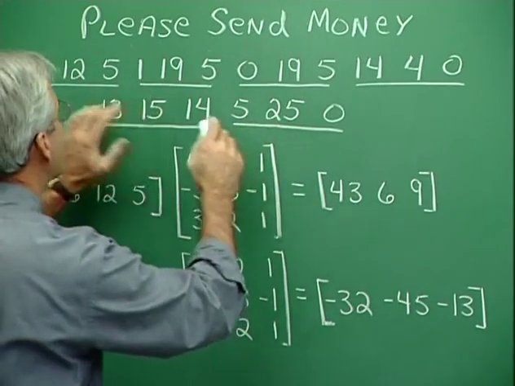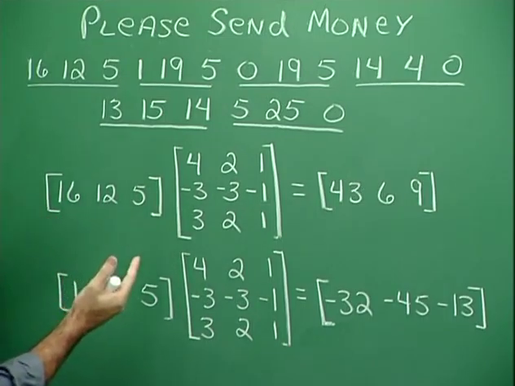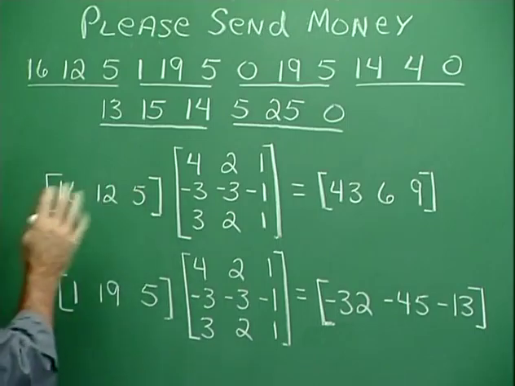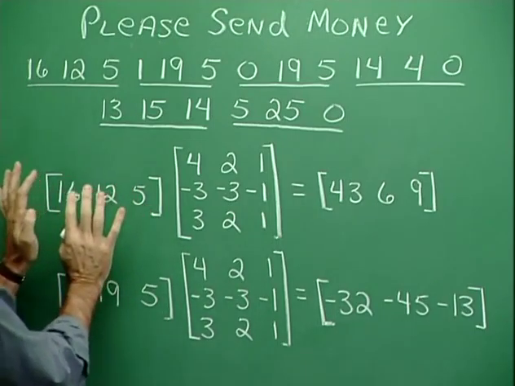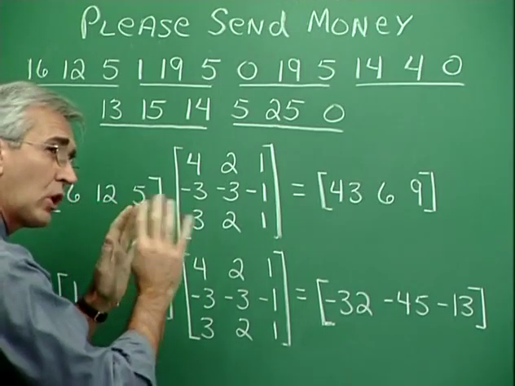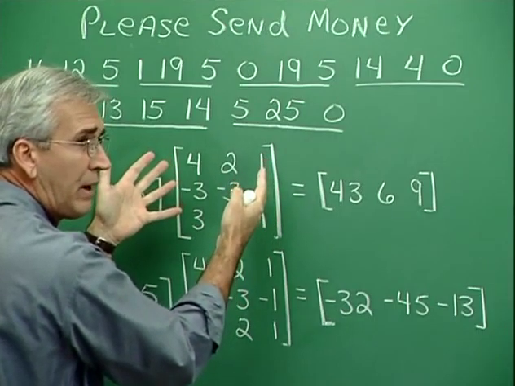Okay, now what I'll do is I'll take the groups of 3 and think of them as a matrix, a little 1 by 3 matrix, 1 row, 3 columns, okay? And then I will decide on a matrix for the code. Now I've chosen this matrix for the code for no apparent reason.